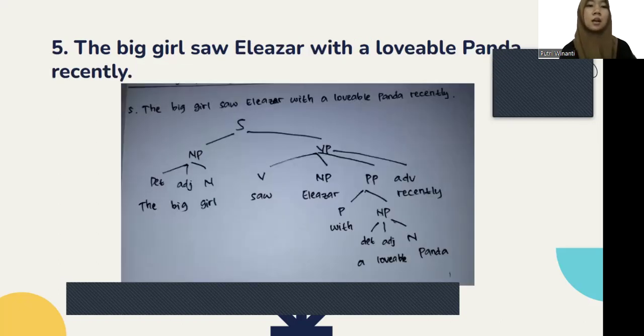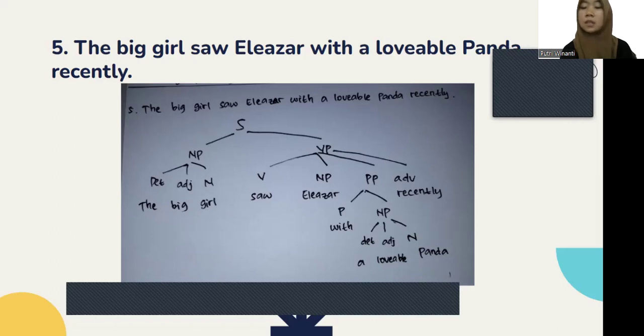And the last sentence: the big crow saw Eliezer with a lovable panda recently. The sentence is broken into noun phrase and verb phrase. The noun phrase is the big crow. The determiner is the, the adjective is big, and the noun is crow. In the verb phrase, the verb is saw, and the noun phrase is Eliezer.